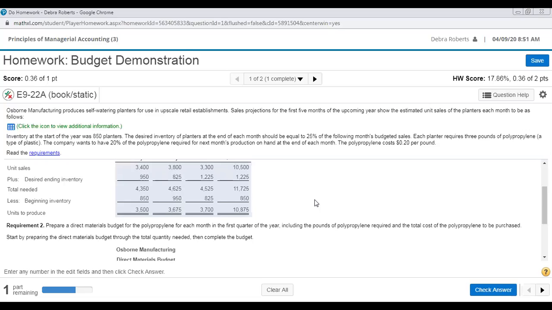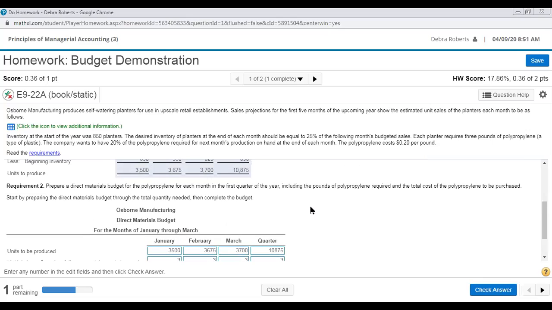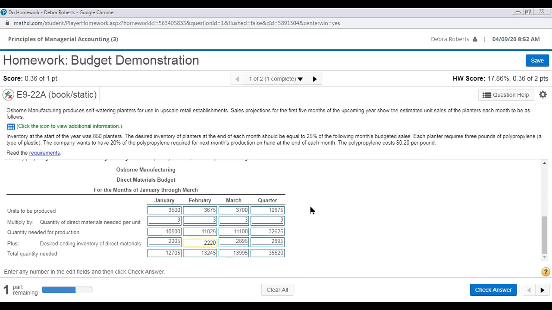But for your direct materials budget, you need to know how much it costs, how much you need per unit in terms of material, and you need to calculate your desired ending inventory. So it's three bits of information. When you're going through and trying to create this budget, remember those are the three things you need. Everything else you can put to the side and use for another budget. That, I think, will help you organize the data.